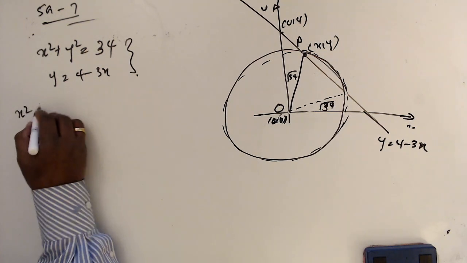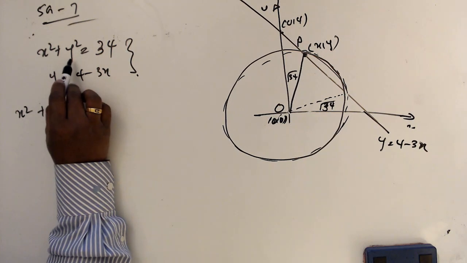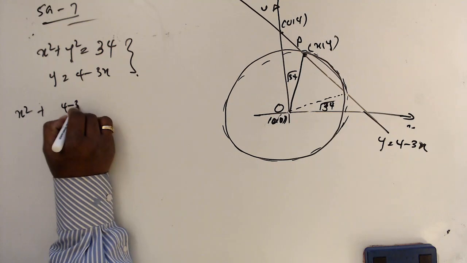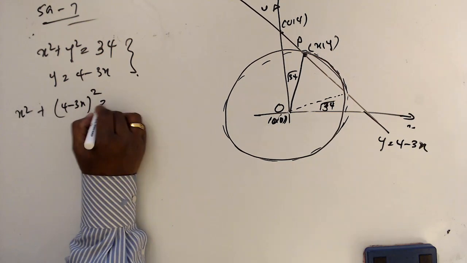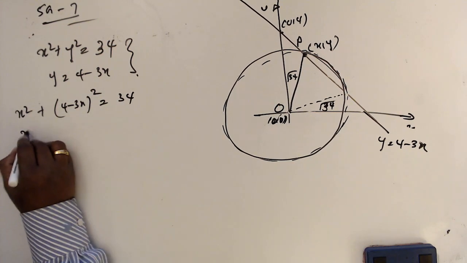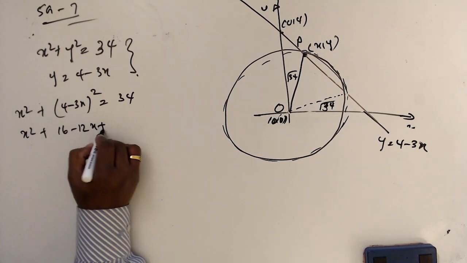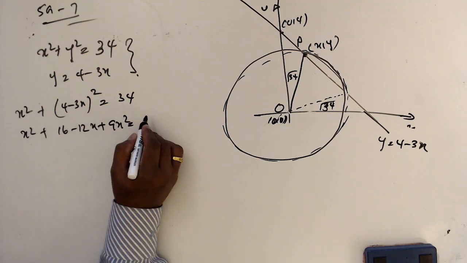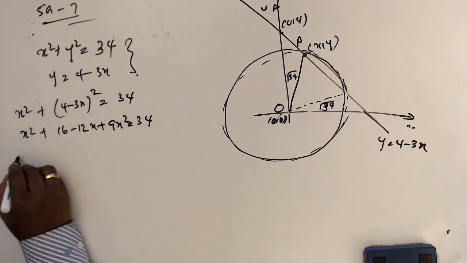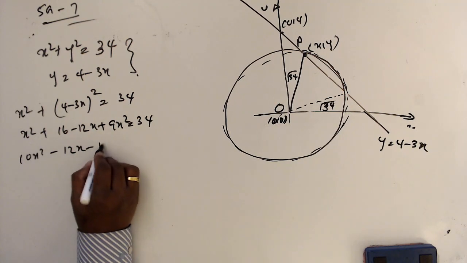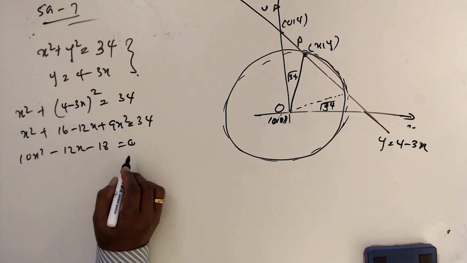x squared plus y squared, so I can write x squared plus (4 minus 3x) squared equals 34. x squared plus 16 minus 12x plus 9x squared equals 34. 10x squared minus 12x minus 18 equals 0.